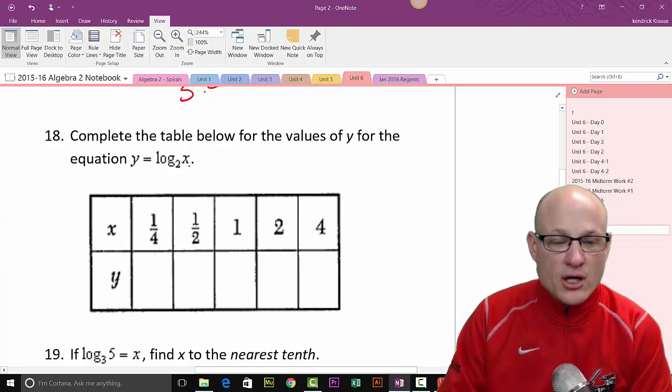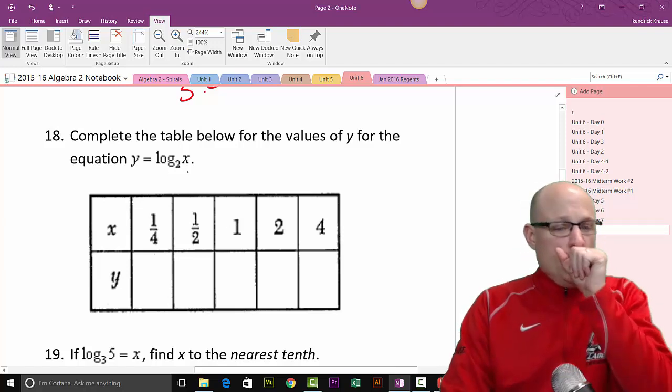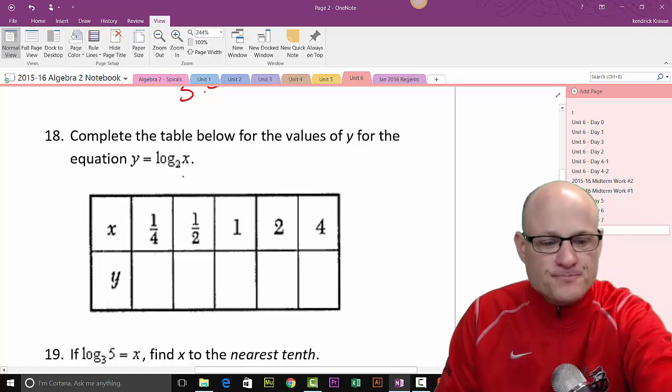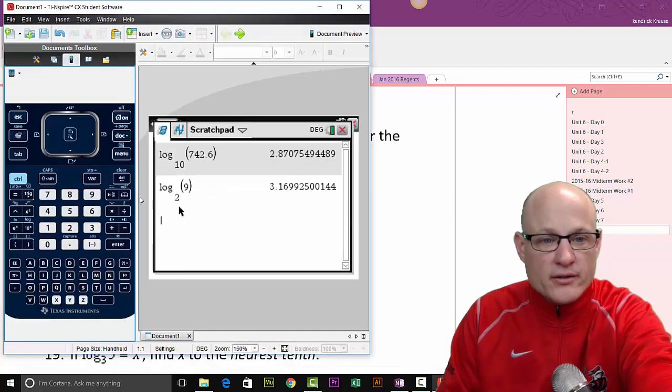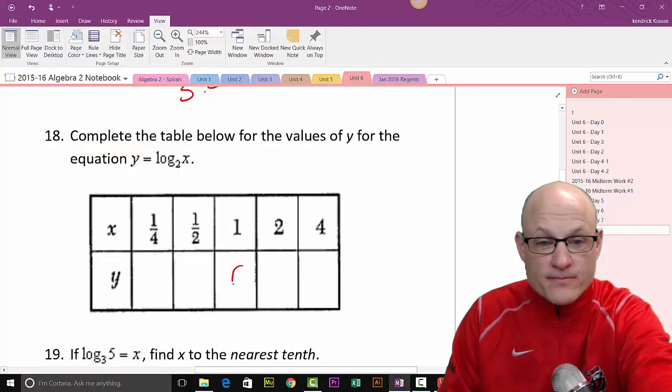Log base 2 of, well, we just got to type it in, really. But log base 2 of 1, you can just do this if you want. Control log base 2 of 1 is 0. That should be obvious.